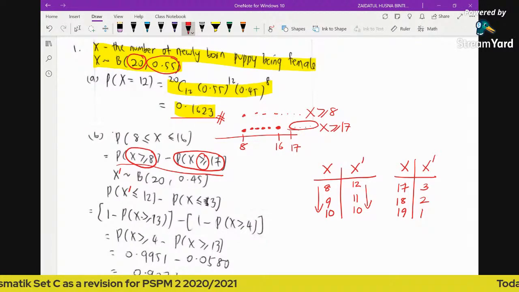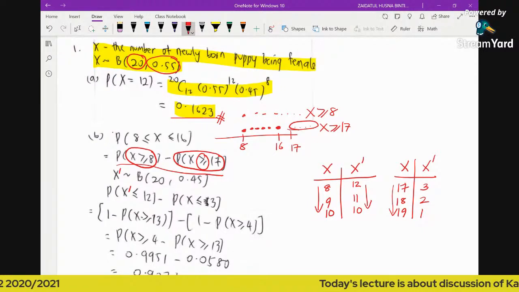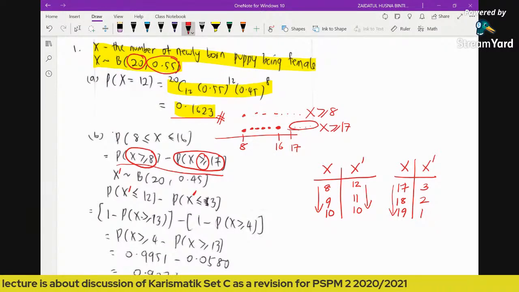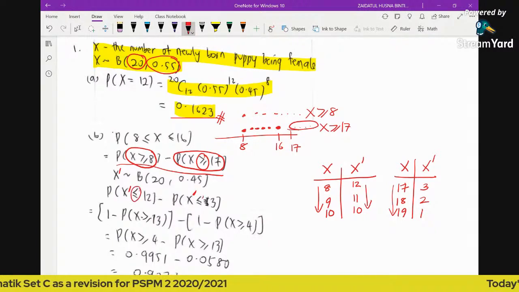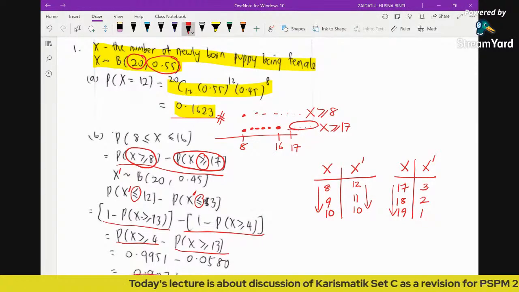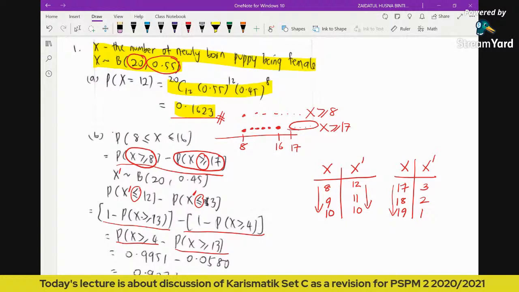So you can see that as x gets larger here, x prime gets smaller. So x greater than or equal to 17 is equal to x prime less than or equal to 3. But again, we still cannot read the table because of the less than or equal sign. So you just get the complement of them, and then you read the binomial table, and you will get these figures, and finally you will get this answer.